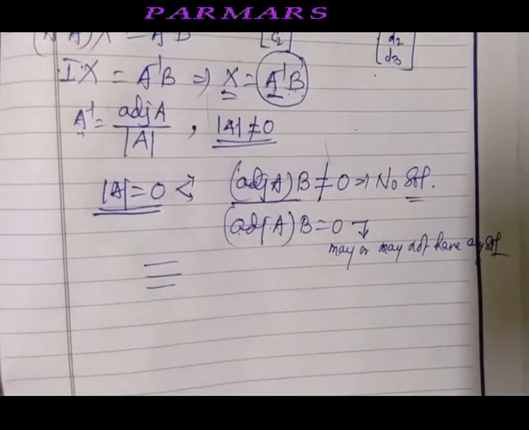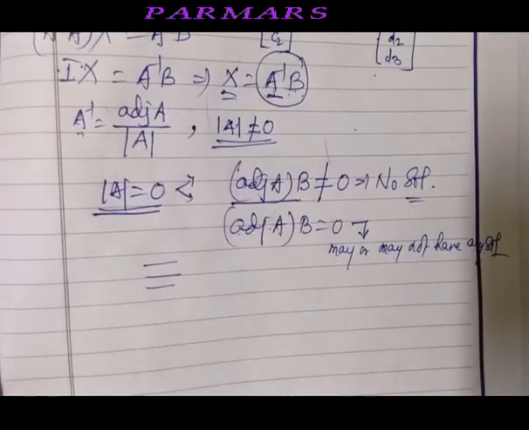A inverse is adjoint A by determinant A. So you go for finding adjoint A, that is, finding the cofactors of the corresponding elements of the matrix A. Doing all this, you will get the matrix of A inverse. Then find the product of A inverse into B, you will get a column matrix, equate it with the matrix X, and with the equality of two matrices, you can find the values of the different variables.